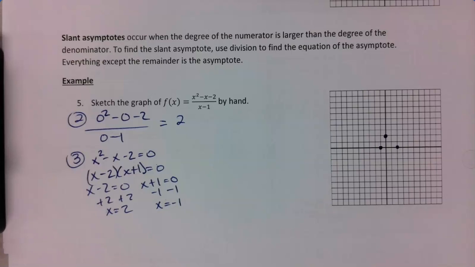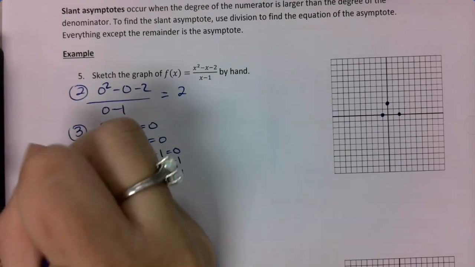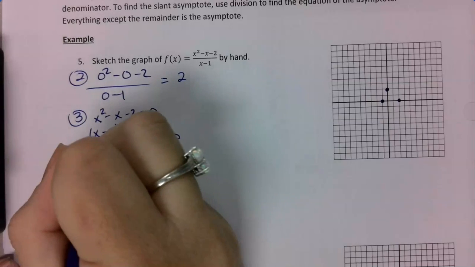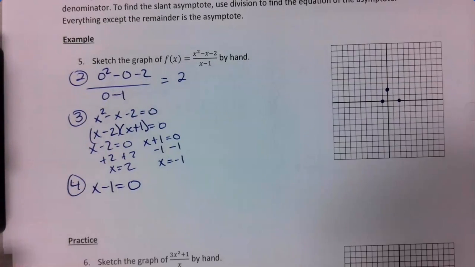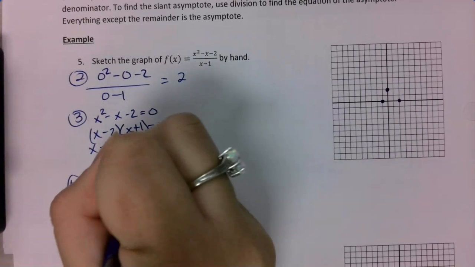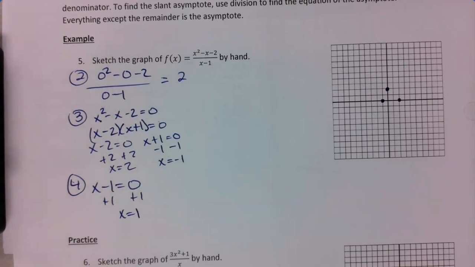Okay. Then I want to take my denominator and set that equal to 0. Then if I solve that, I get x equals 1.